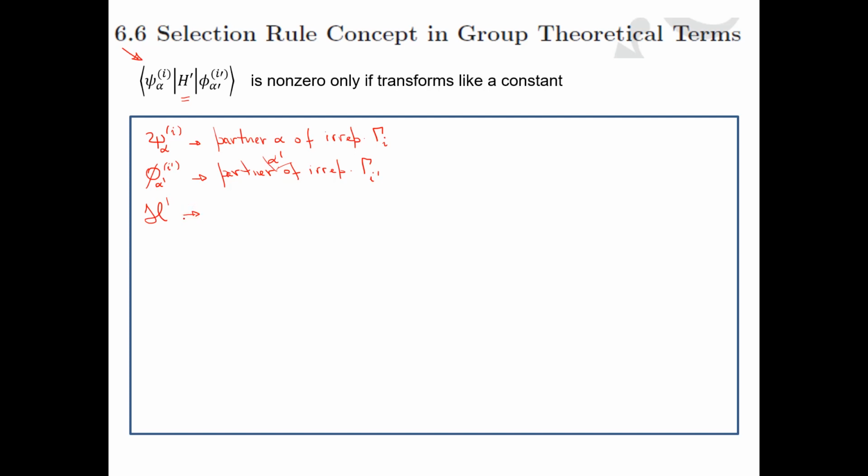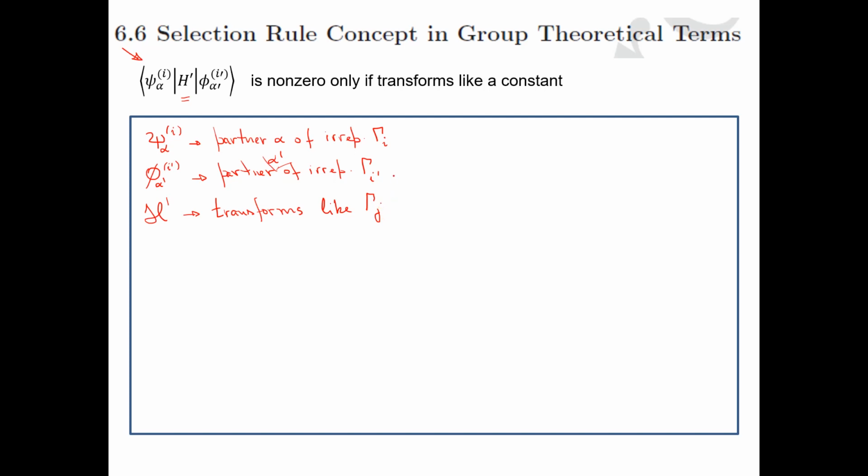Maybe it's a function of a sum of different functions that will transform like another representation of the group. So let's say that H prime transforms like the irreducible representation gamma J. Okay?